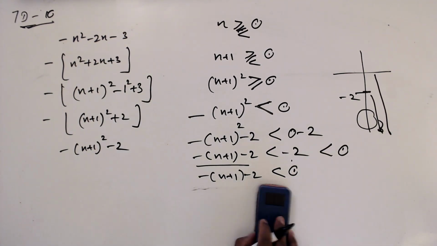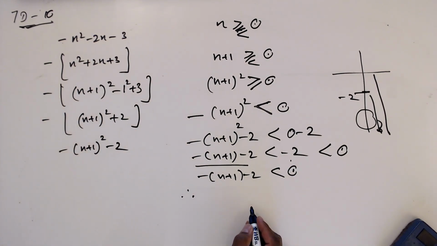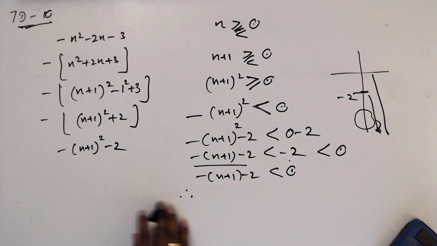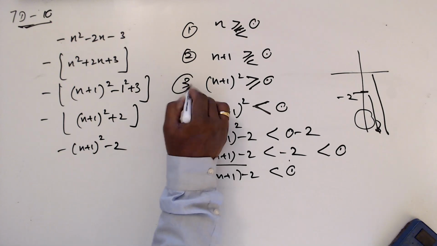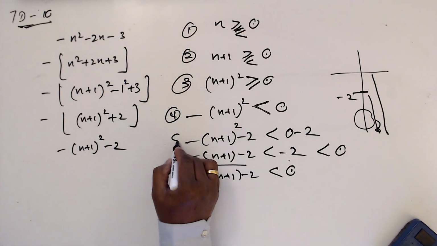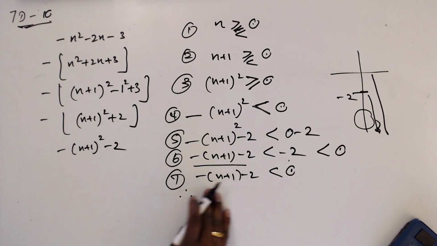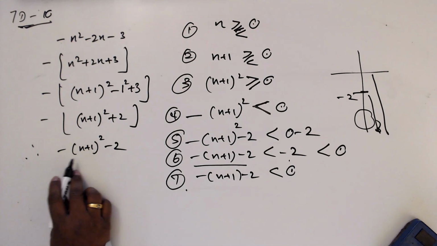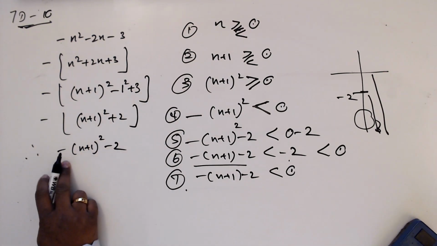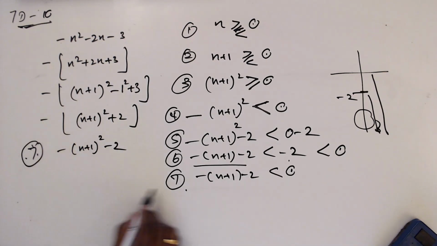Hence, I number these steps: this is one step, second step, third step, fourth, fifth, sixth, seventh. I will write this as 7 again.